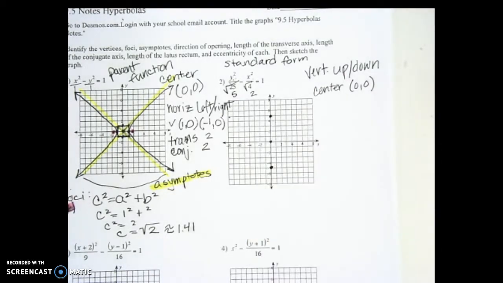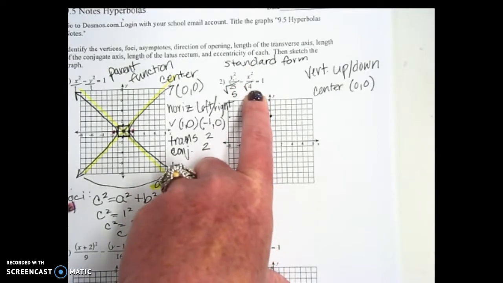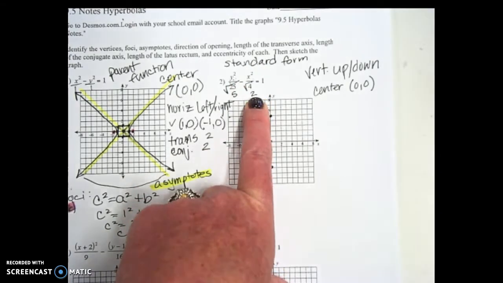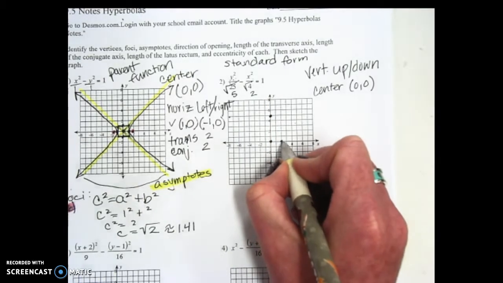Okay? Which makes that transverse axis, that's going to be the longer one, right? So your transverse axis is going to be 10 units. Okay. Then on the x-axis, because its denominator is 4, we take the square root. So 2 units each direction. So from the center, go 2 units each direction.